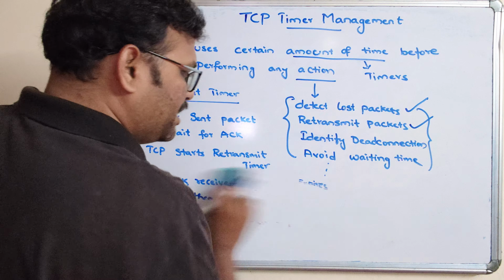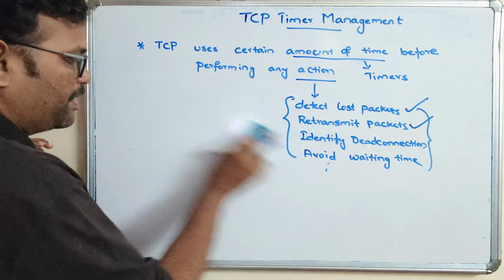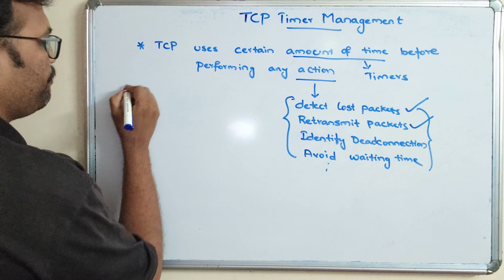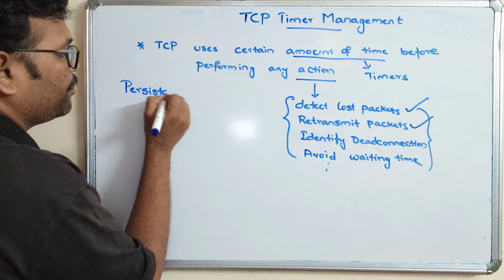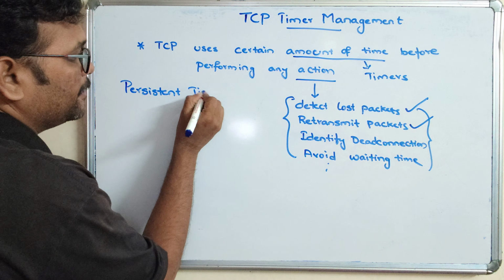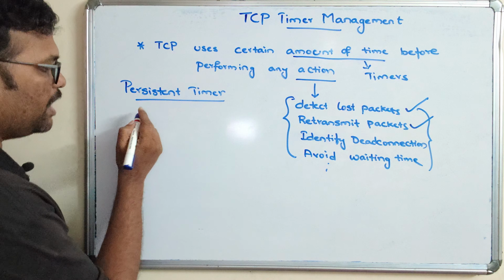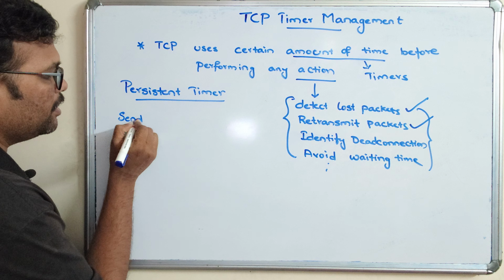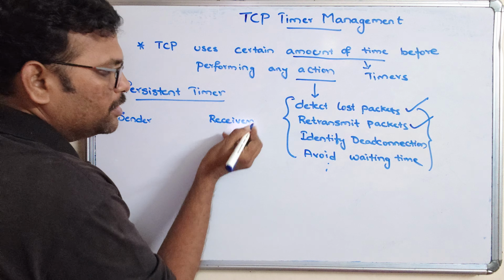Next, the persistent timer. For example, let us take a sender and here a receiver.